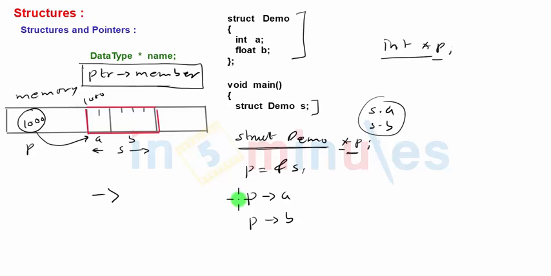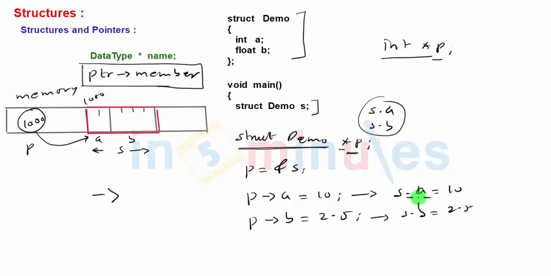For example, if I want to assign the value 10, I can write p arrow a equal to 10, or for b, suppose 2.5, I can write p arrow b equal to 2.5. By these statements we are putting a as 10 and b as 2.5 for s. Actually these statements are equivalent to s dot a equal to 10 and s dot b equal to 2.5.